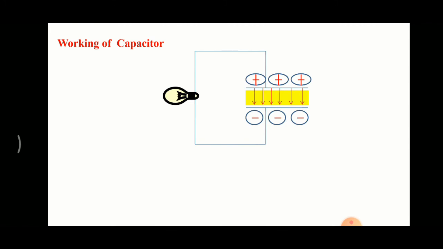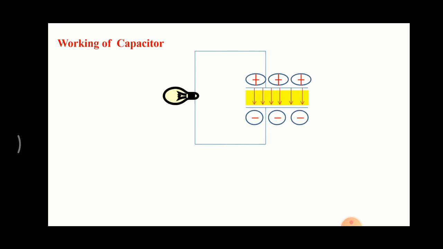This will continue until the two plates become electrically neutral. As the charges balance out and the plates become neutral, the bulb will turn off. So the charge across the two plates discharges through this conductive path, and this phenomenon is known as the discharging of the capacitor.